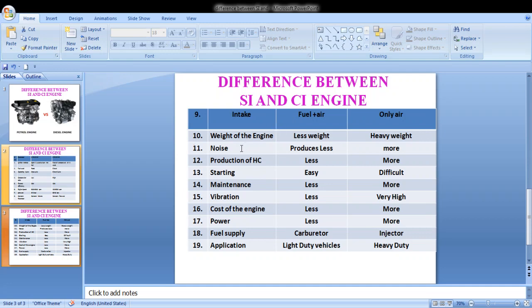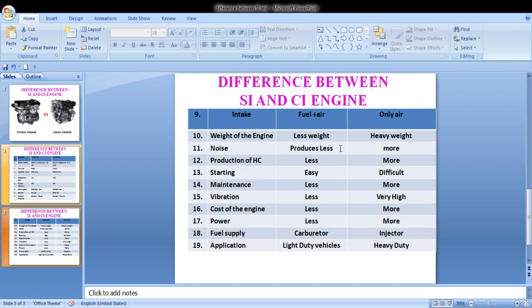Noise production. Noise production is more in case of your CI engine, because knocking problem is also there. What is knocking? Knocking is when some unburnt mixture remains, or some blowdown or back pressure creates on the piston. In some cases your combustion may occur before the piston reaches TDC, and that back pressure causes the knocking sound in your engine.